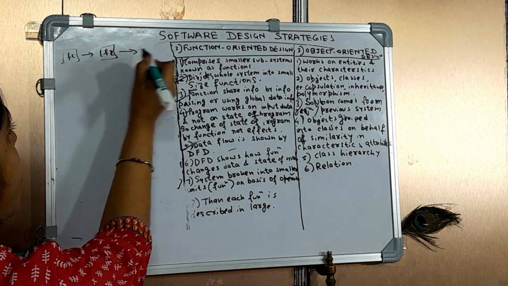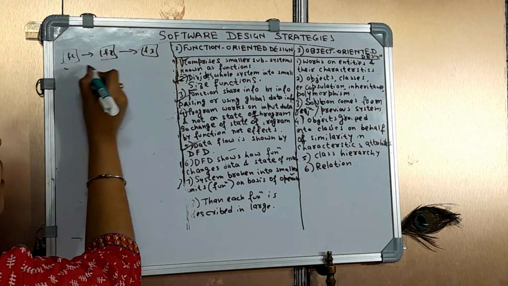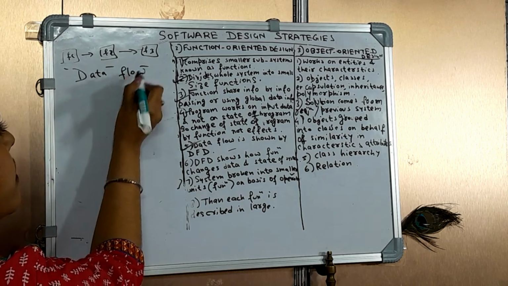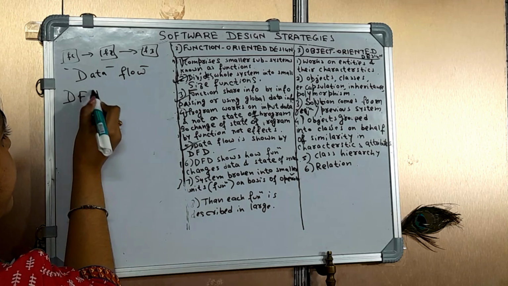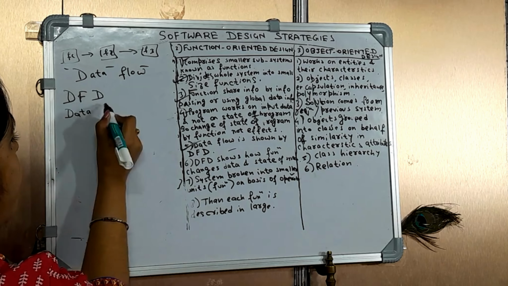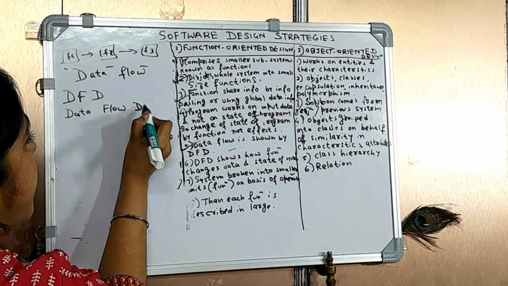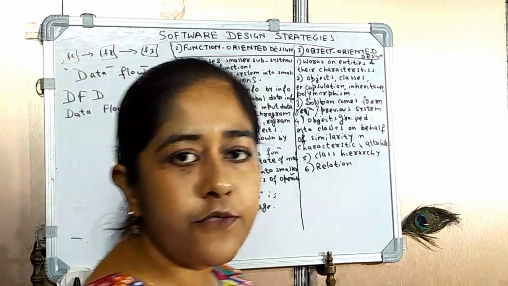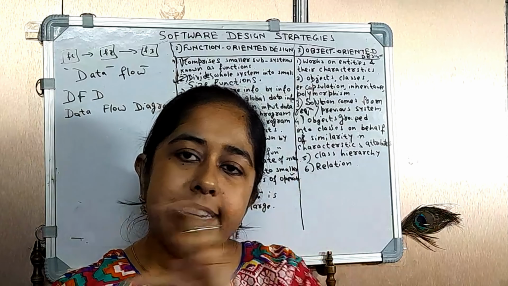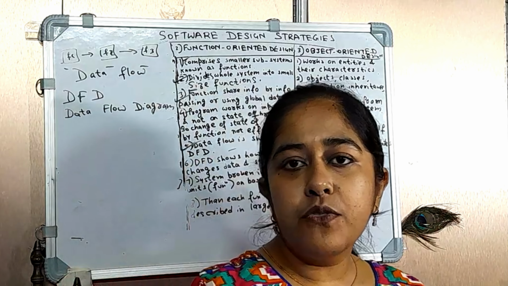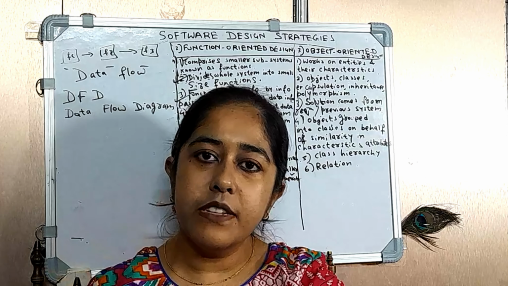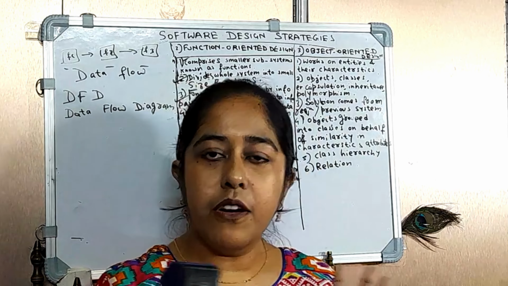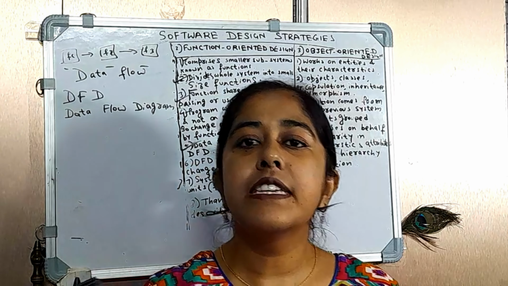This is data flow, and we show it by DFD, that is the data flow diagram. What does this do? It basically shows how the data is flowing from one entity to another, from one function to another function. This DFD we will see in another class in a descriptive manner, how these DFDs work.